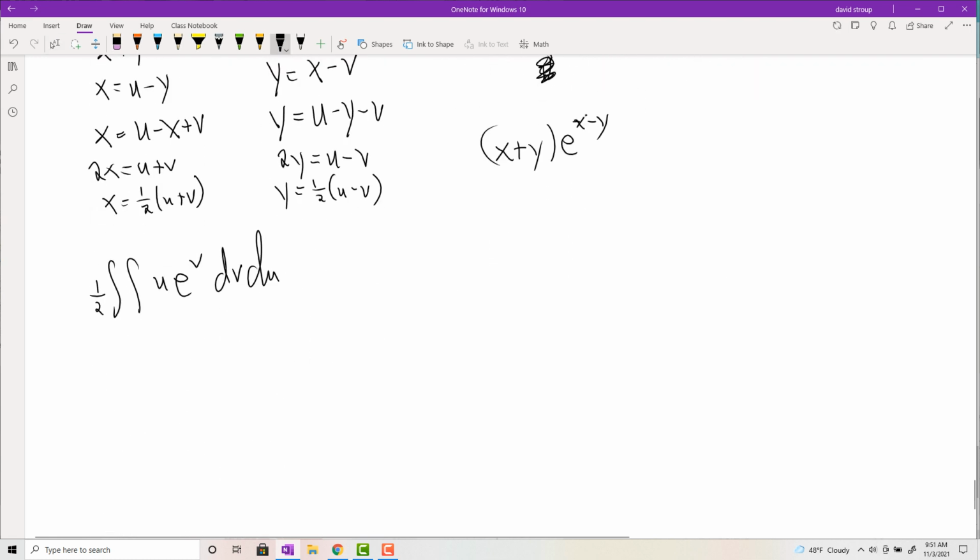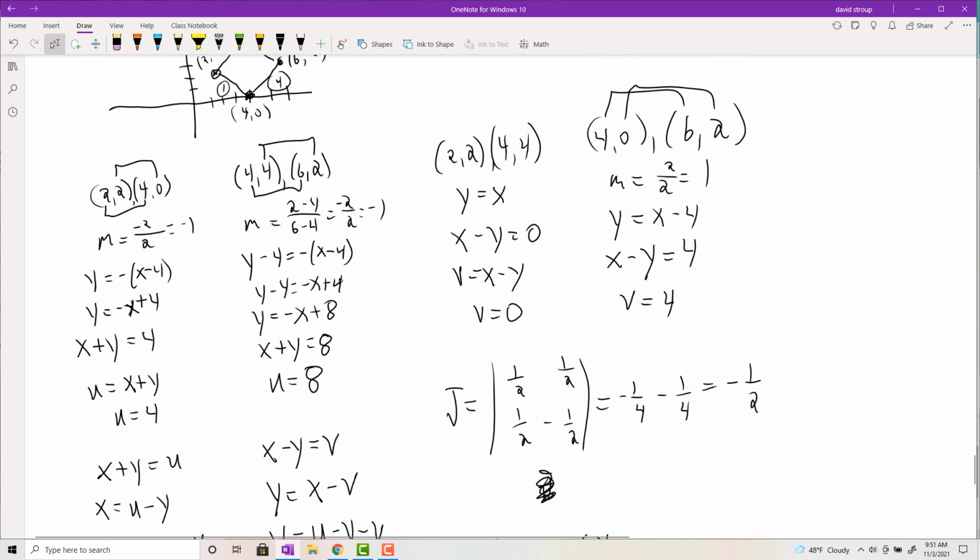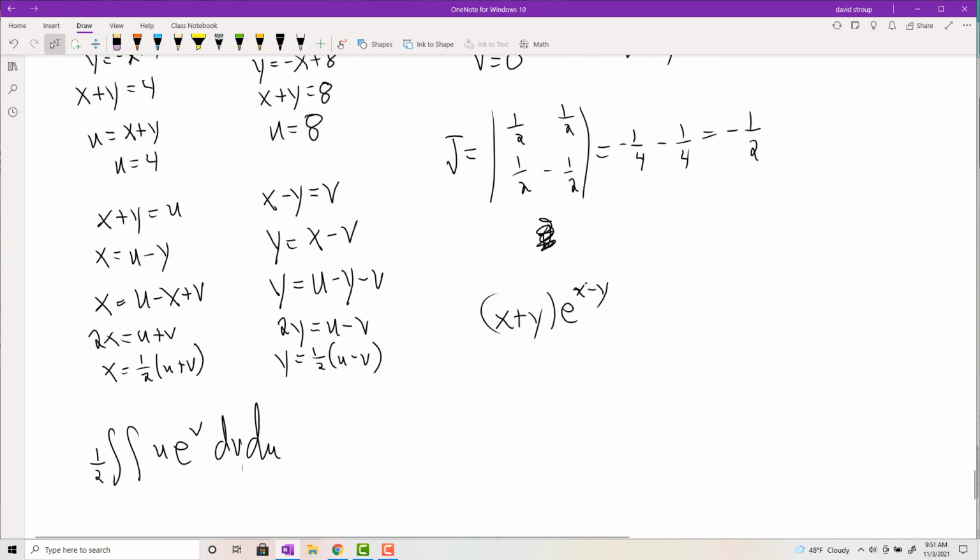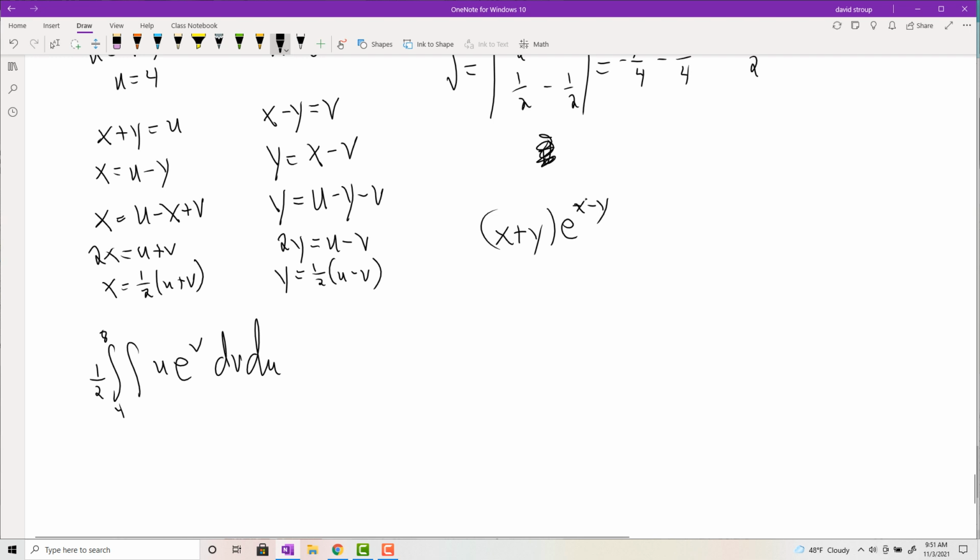Maybe if we do it in the other order, we won't have to go by parts. So let's try dv du. And so u is going from 4 to 8, and then v is going from 0 to 4.